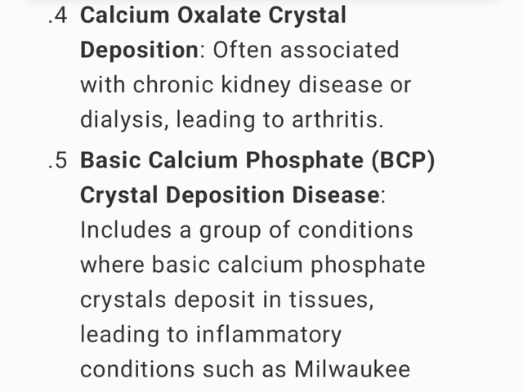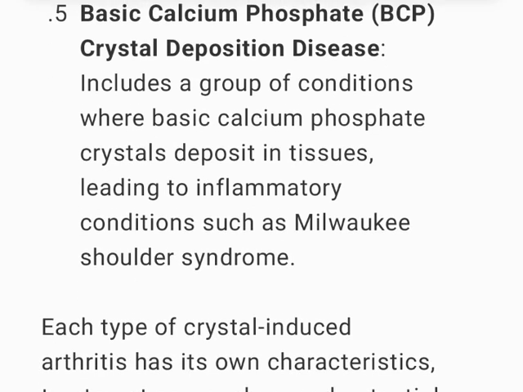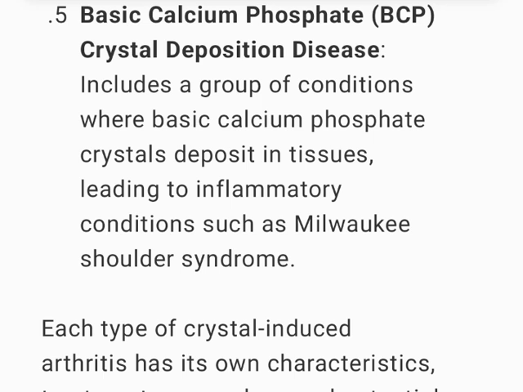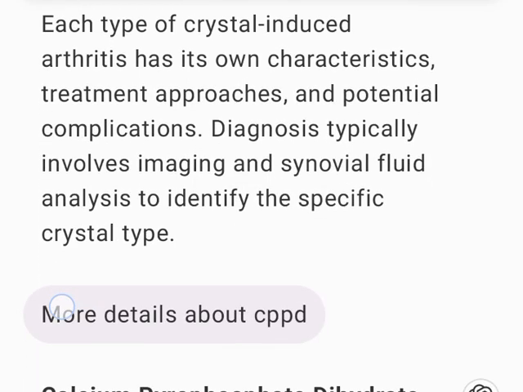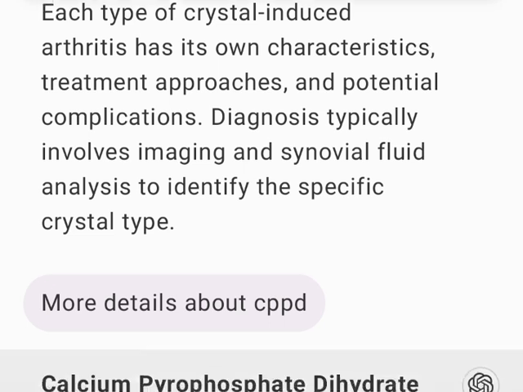Basic calcium phosphate (BCP) crystal deposition disease includes a group of conditions where basic calcium phosphate crystals deposit in tissues, leading to inflammatory conditions such as Milwaukee shoulder syndrome. Each type of crystal-induced arthritis has its own characteristics, treatment approaches, and potential complications. Diagnosis typically involves imaging and synovial fluid analysis to identify the specific crystal type.